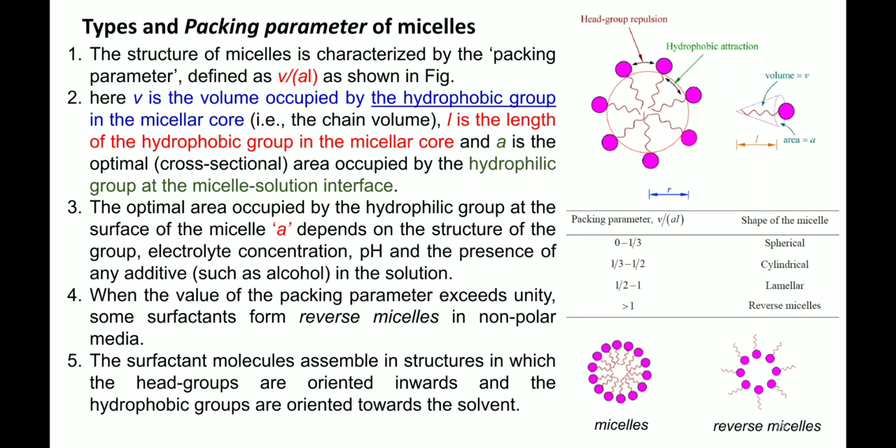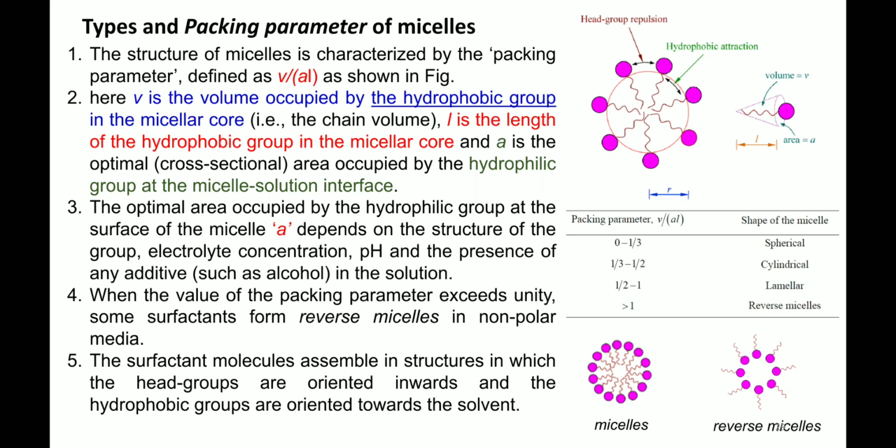Types and packing parameter of micelle. As far as the types are concerned, we have already discussed that depending upon the shape there are different types of micelle: spherical, cylindrical, laminar.